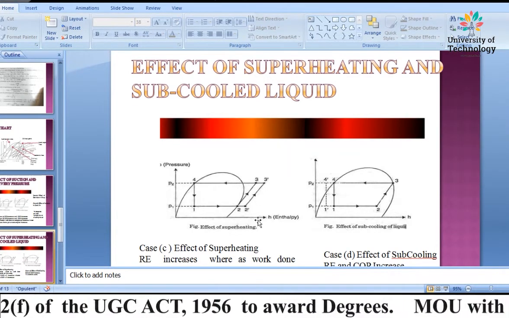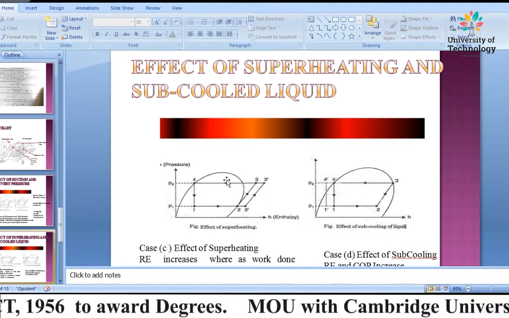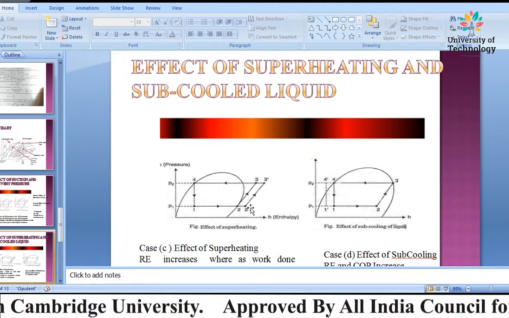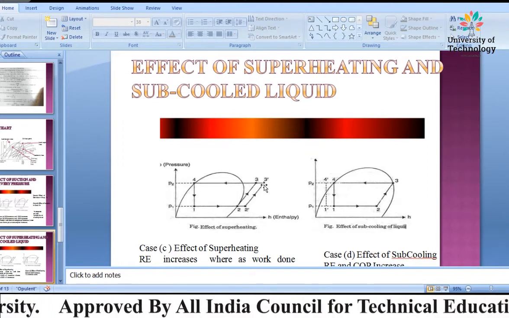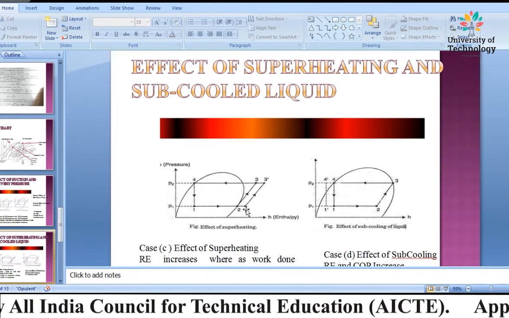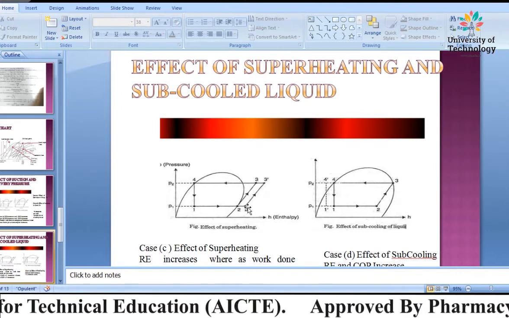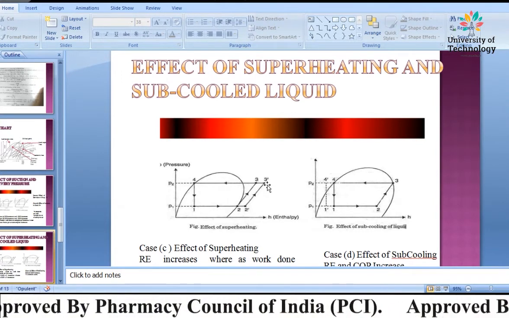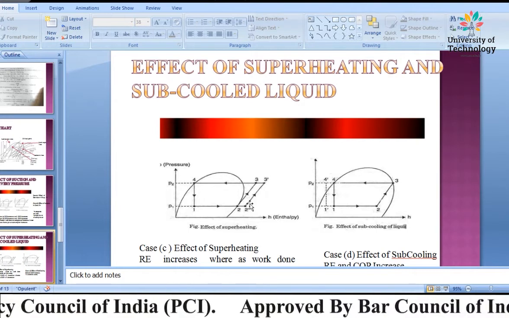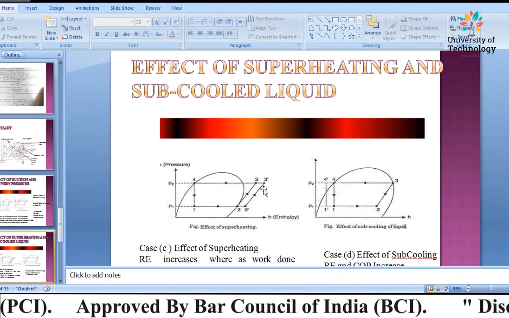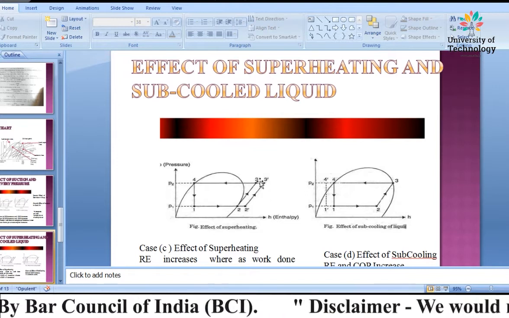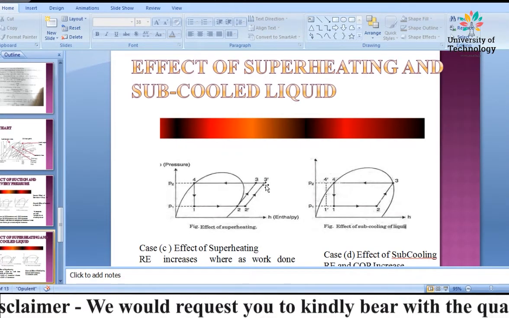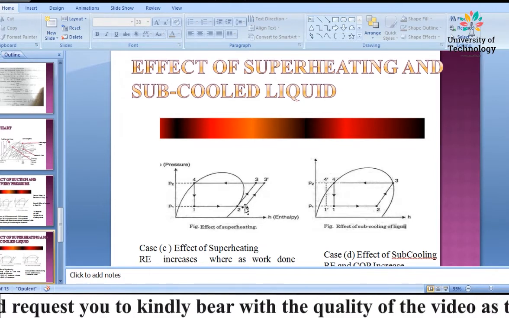So what we observe: by superheating, refrigerant effect increases, and compressor work increases because the inlet temperature increases, that is T2' is greater than T2. Therefore, we can't identify COP by this figure. For R12 COP increases and for ammonia COP decreases by superheating.